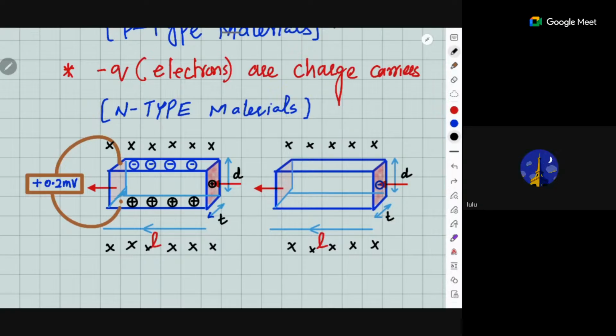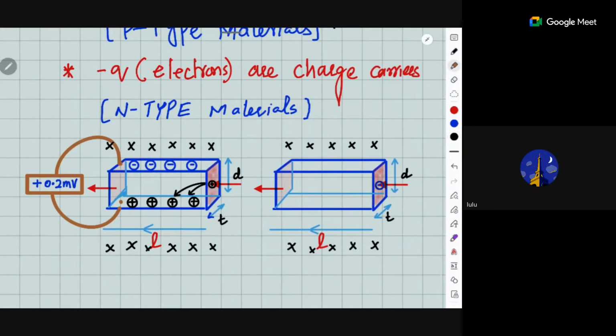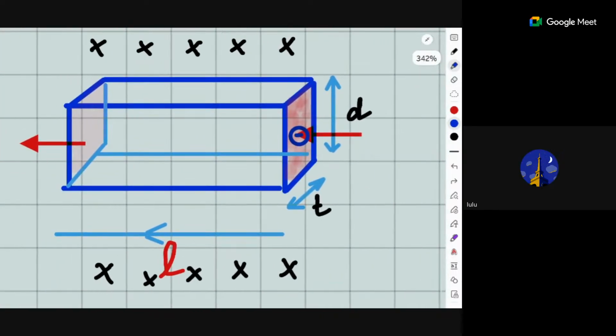Yes, sir. Is this clear? Okay, the drift of the charges was downward, but the voltage is, let's say, plus 0.2 millivolt. Now, if I connect a voltmeter across this, first of all, let me know from you what would be the drift of these negative charge carriers on this slice?